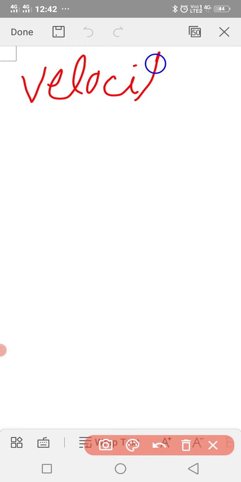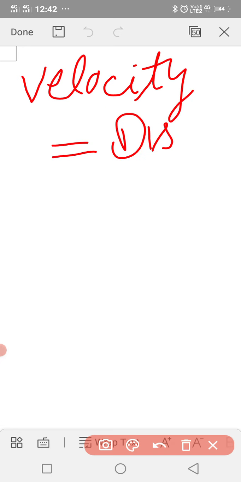Second, let us take another simple one, that is velocity. If you are writing the dimensional formula of velocity, you should know its formula. We know from lower standards that velocity is distance upon time.